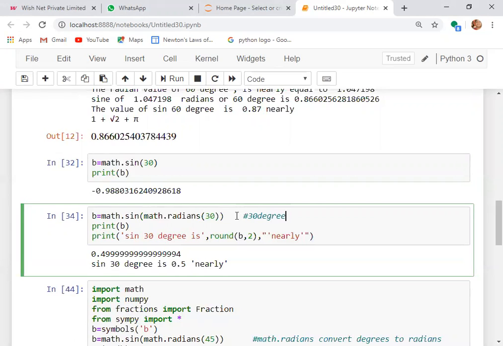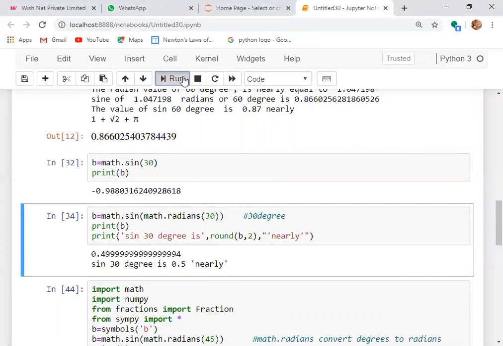So 30 degrees is converted into a radian value, let it be x radians, and that x radians is equivalent to 30 degrees, and that is executed by the sine function. So you actually get the sine 30 degree value. And we are using round to 2 decimal places.